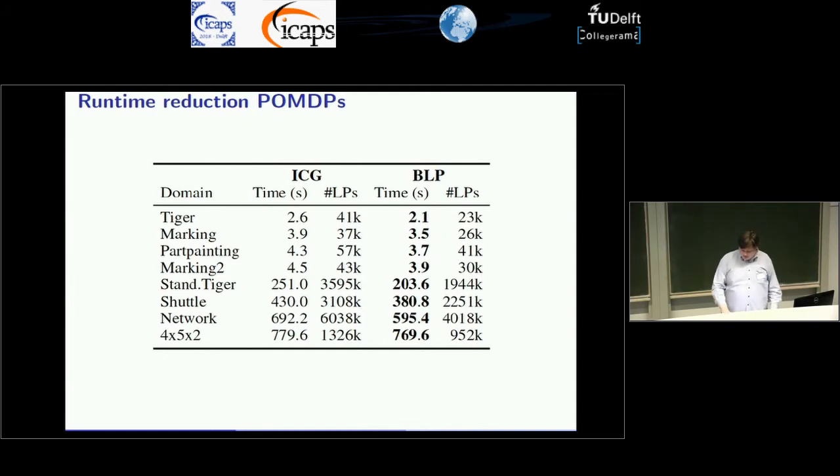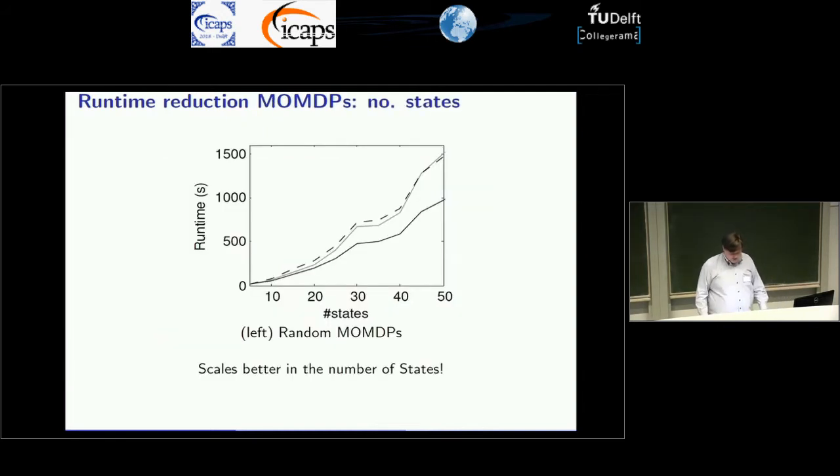However, the major improvement actually appears when we look at multi-objective MDPs. So here, for example, is the runtime that we can achieve for multi-objective MDPs as a function of the number of states. So our algorithm is the black line, and then we have the iterative constraint generation, and just the vanilla LPs that don't use any iterative constraint generation in the gray and the dotted lines.